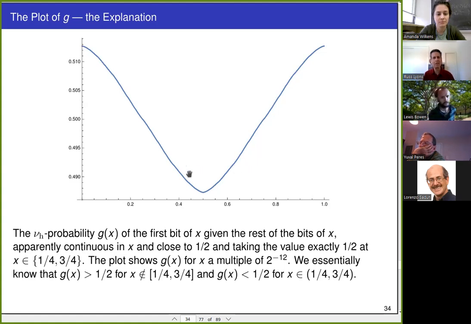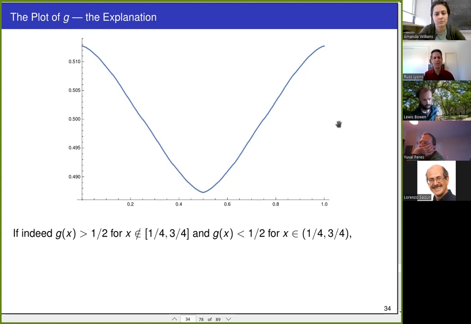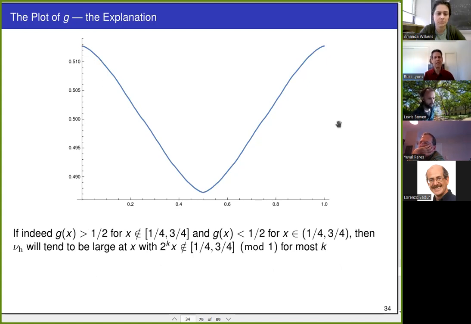And from what you've all mentioned earlier, in fact, we essentially do know that the 0, 1 and 1, 0 portion is less than a half and outside bigger than a half. But we don't actually know that g is defined so well. But suppose that is true, then what does that mean?